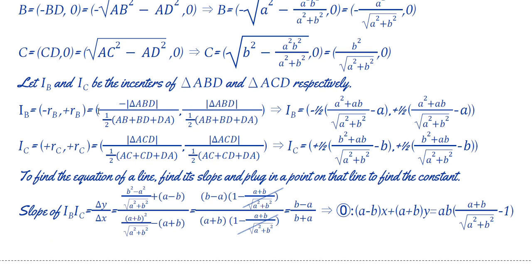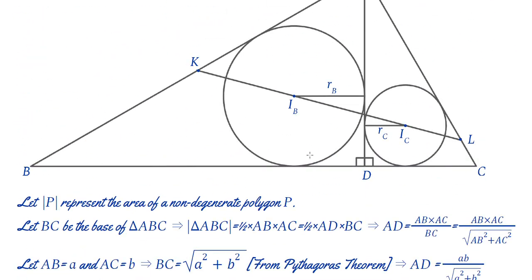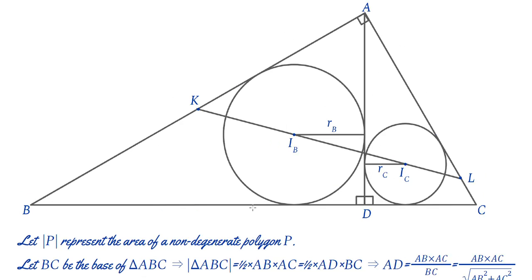So the formula to find the inradius is delta by s, where s is the semi-perimeter, which is basically half the sum of the sides, or half the perimeter, as it says. And the area is basically just multiplying BD into AD and then dividing it by 2.